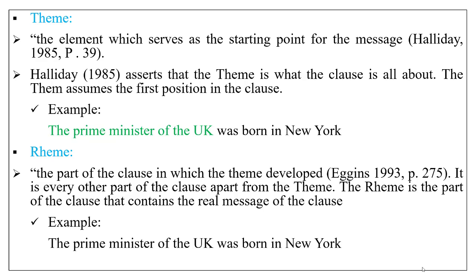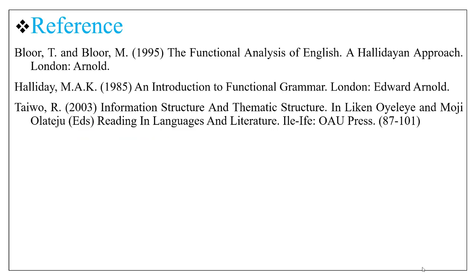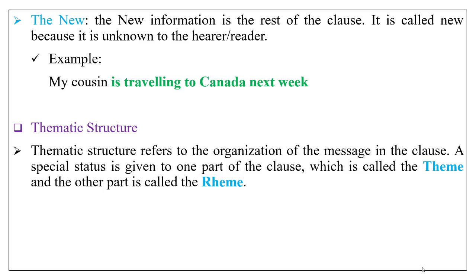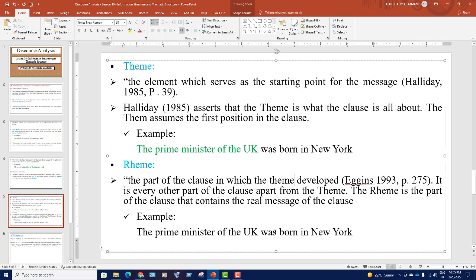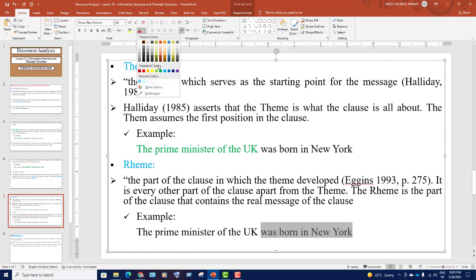So for example, the Prime Minister of the UK was born in New York. Was born in New York is the rheme here. I'm going to change it into green.